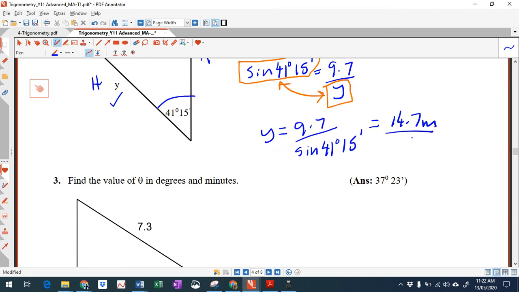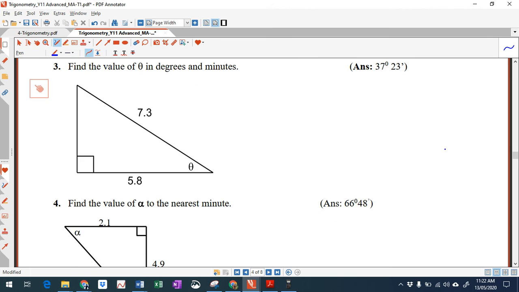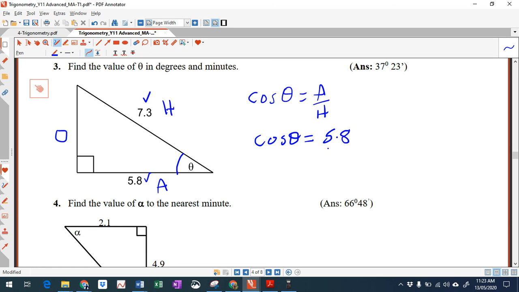All right, question 3, finding an angle in degrees and minutes. Let's have a look. So here we go. We've got the adjacent side here, the opposite side here, the hypotenuse here. You're working with the hypotenuse and adjacent, that's cosine. So you're going to write down cosine of theta equals adjacent divided by hypotenuse. So cosine of theta is equal to 5.8 on 7.3.